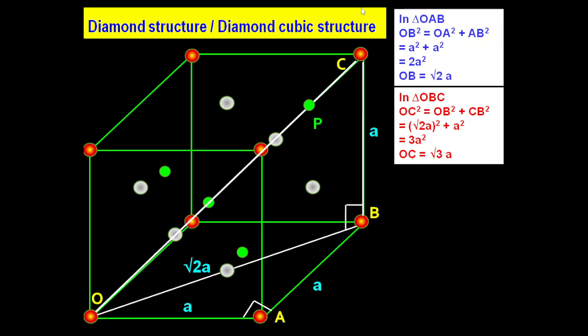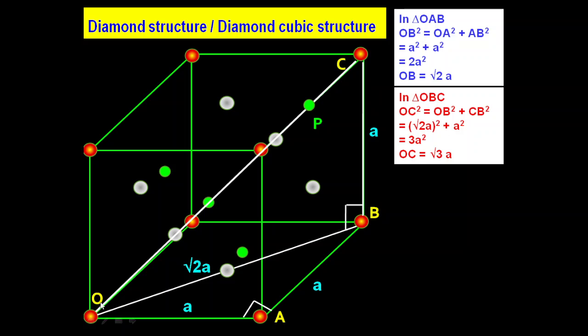In right angle triangle OBC, OC square is equal to OB square plus BC square according to the Pythagoras theorem. The length of OB is root 2 A and the length of CB is A, so 2A square plus A square, that is 3A square. So OC will be root 3 A. So I have found out OC, which is root 3 A.